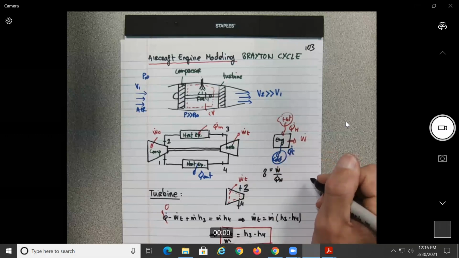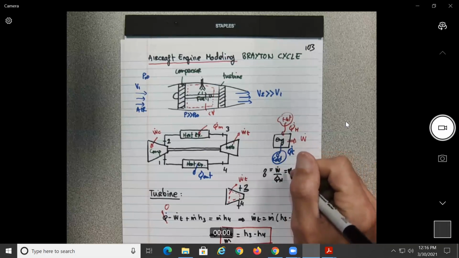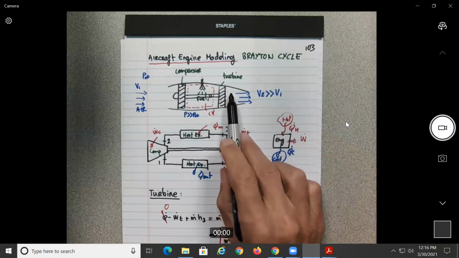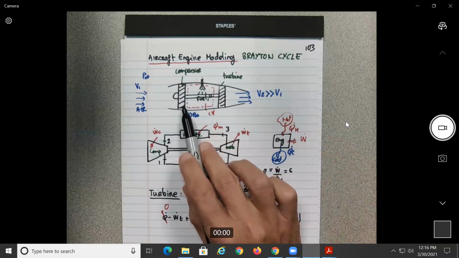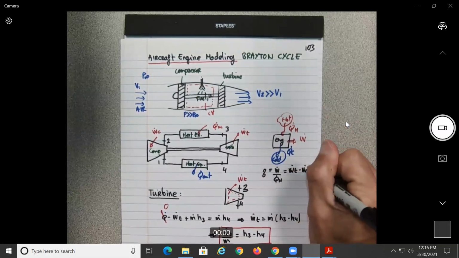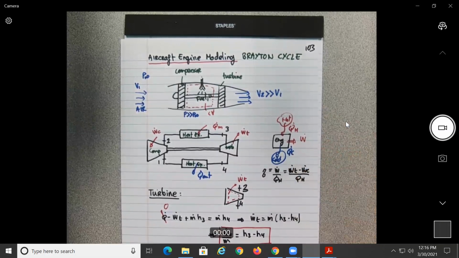Q hot. The amount of power you get will be the difference between what is created by the turbine and the compressor, so it will be power of turbine minus compressor divided by Q hot.